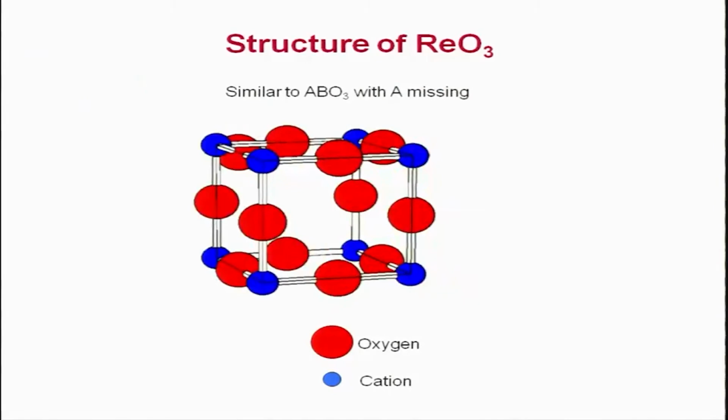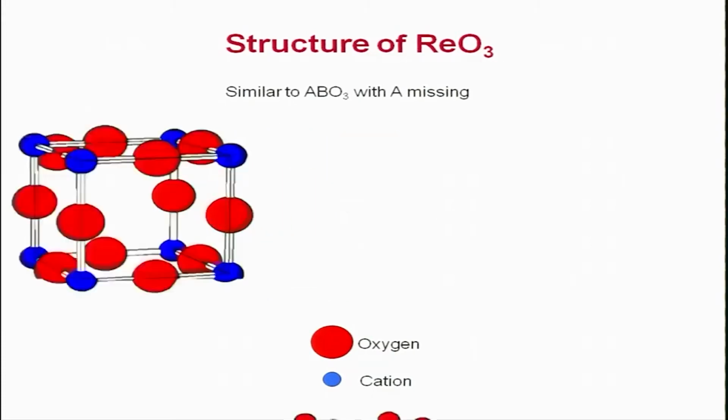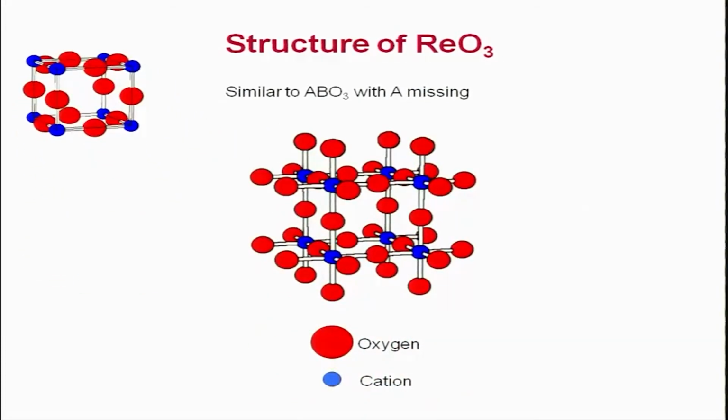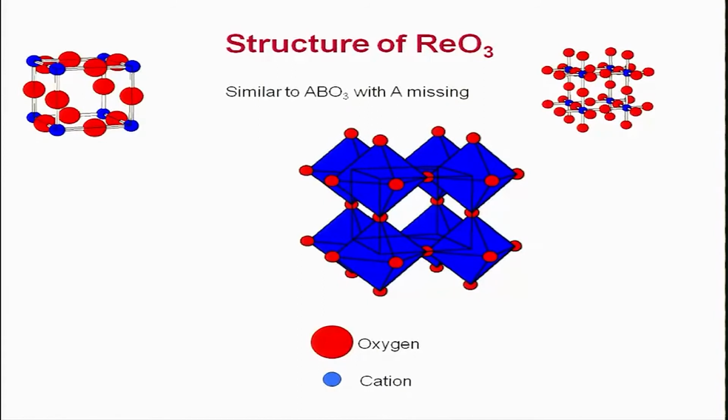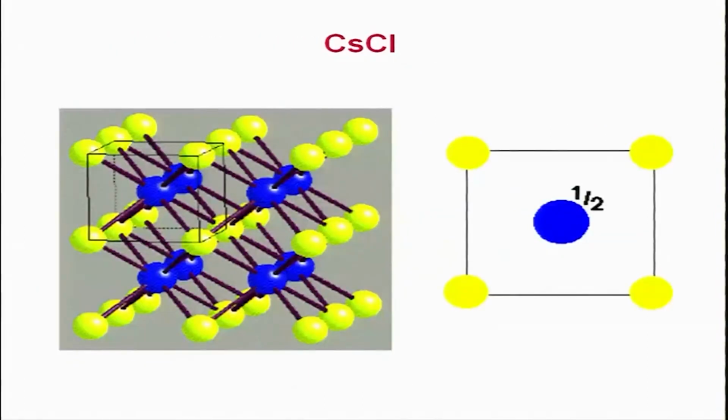This is the first representation in which you have B atoms and the oxygen. You can make a slightly elongated structure, show the octahedra clearly, and if you make the polyhedral view, it looks like this, the polyhedral view of the ReO3 structure. So, this is the cesium chloride sort of structure. You can say that these are the dumbbell shaped structures. These are all chlorine atoms, these are all cesium atoms.